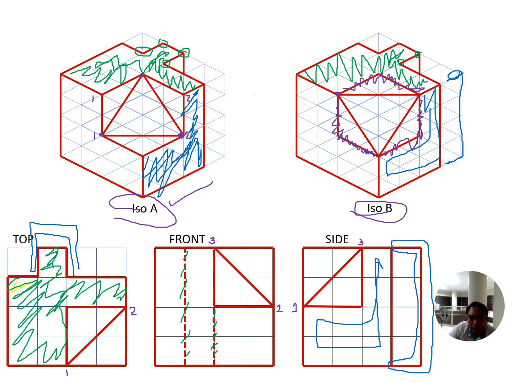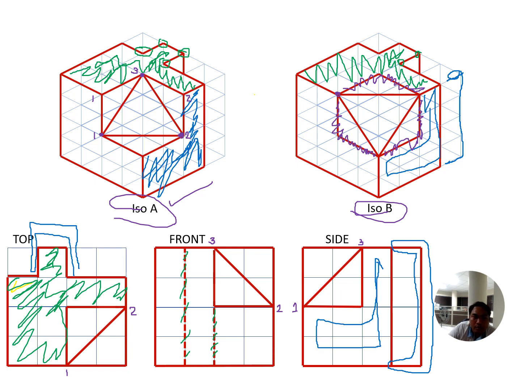Now, we have 3 points. Labelan lang natin to. There's no longer a question whether the point 3 is top or bottom, because it's already identified from the front and from the side view that they are at the top portion.